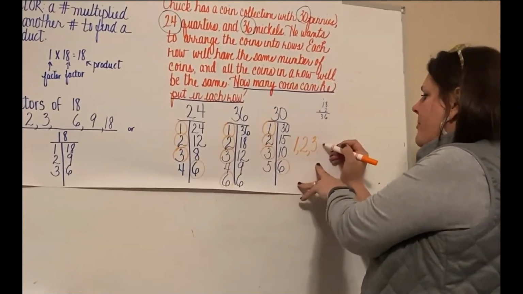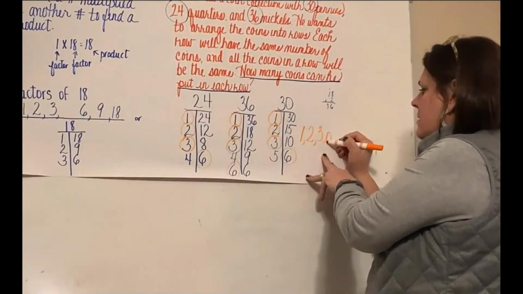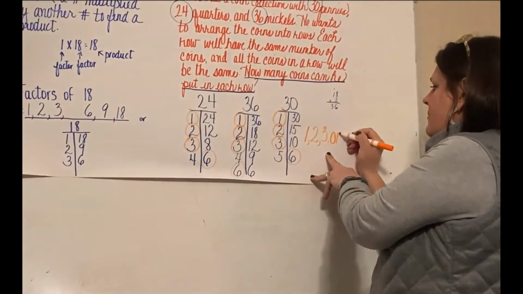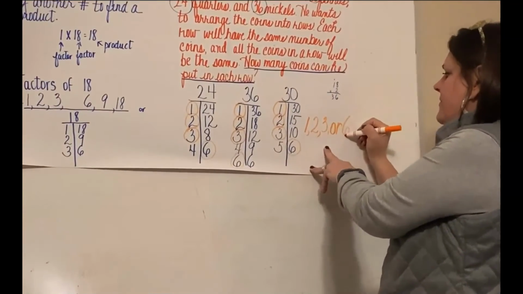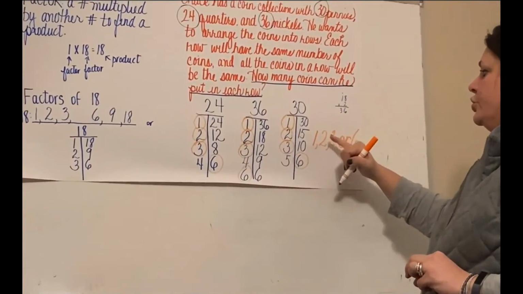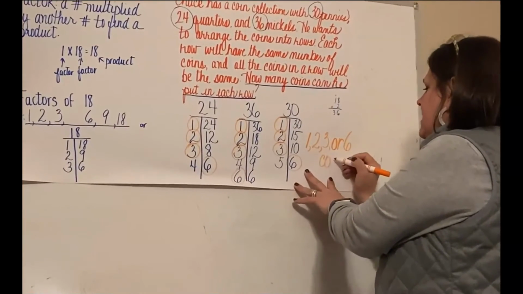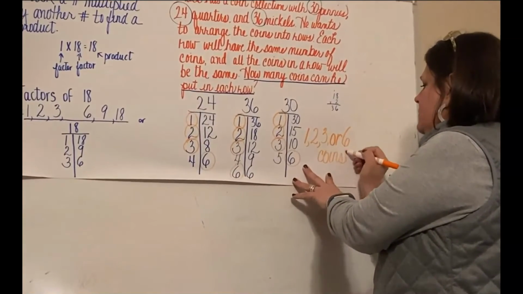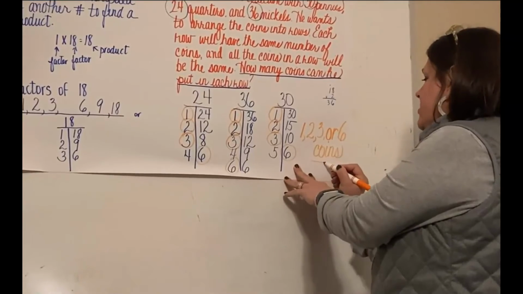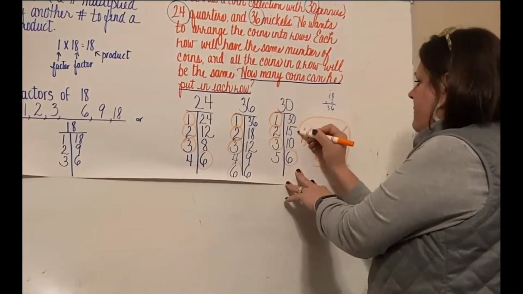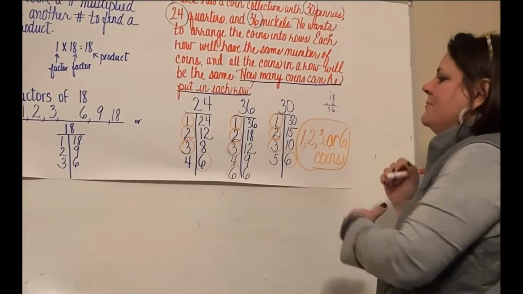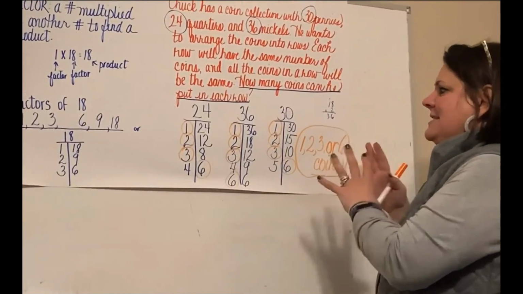Here's where we're going to put our answer: 1, 2, 3, or 6, because he can put either 1, 2, 3, or 6 coins in each row. You always want to make sure that you label your answer. And you know how I love for people to circle their answer to be sure that that's the answer to the question.